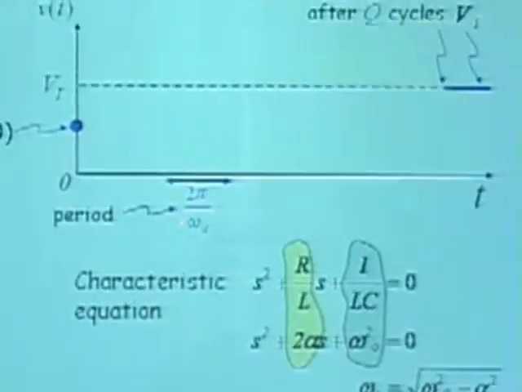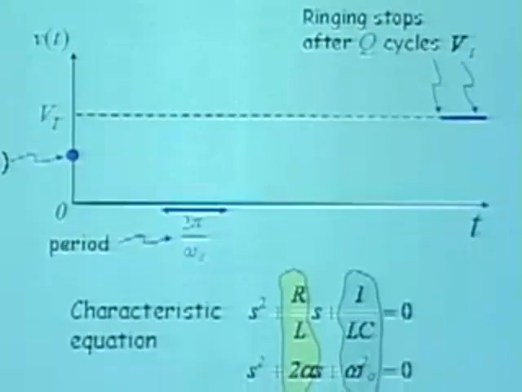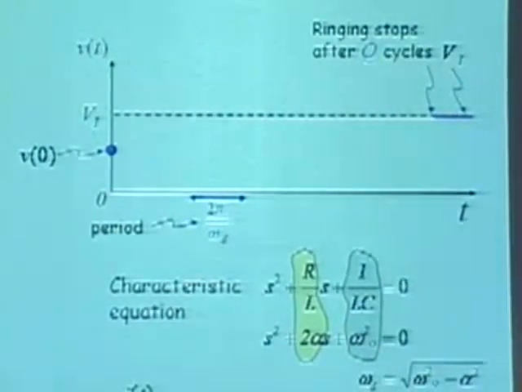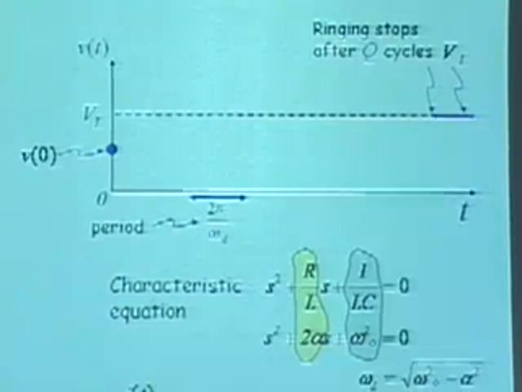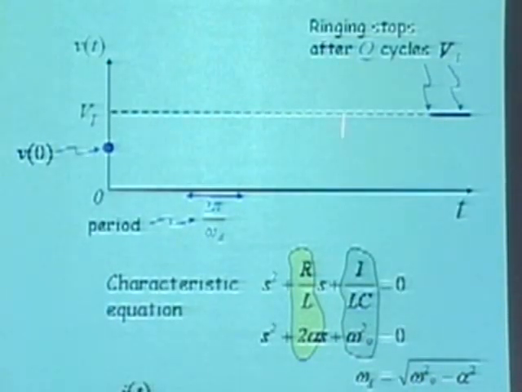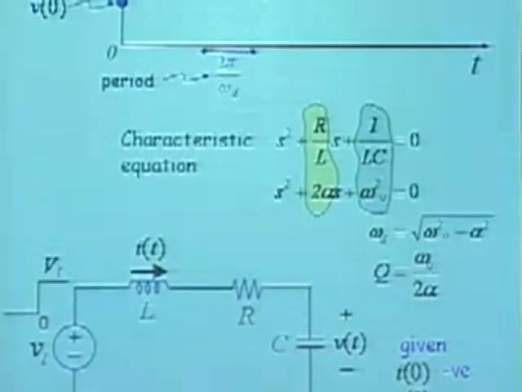I also know that Q is related to the frequency of oscillation divided by alpha. It's a ratio of the frequency divided by how badly I'm being damped. So it's a fight between the frequency of oscillation and how heavily I damp. And the ratio of that is an indication of how many cycles I ring.